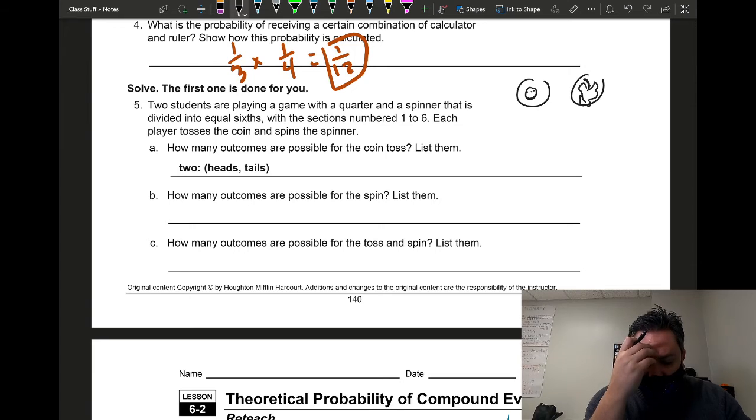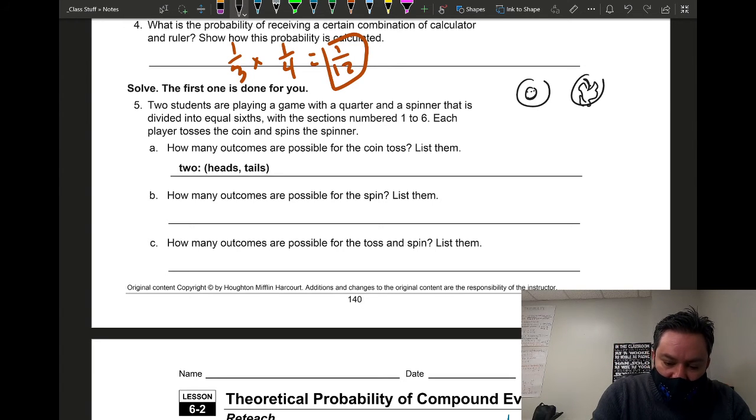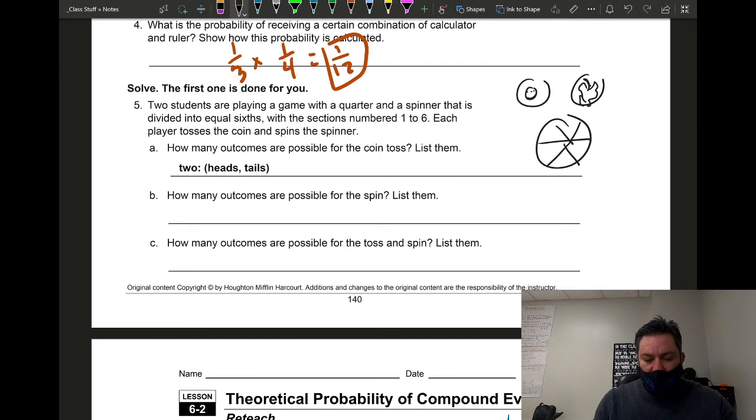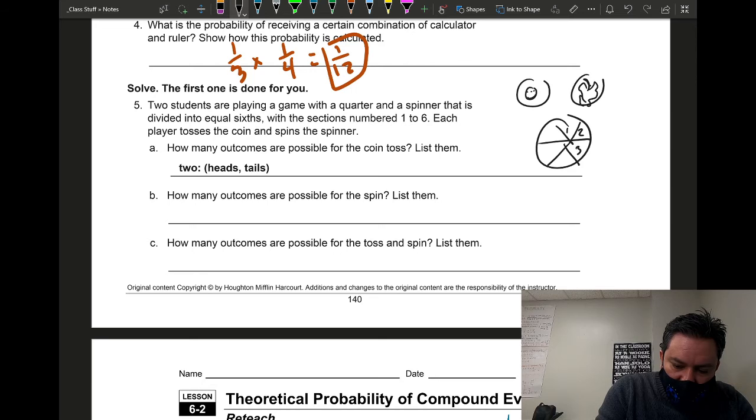And then we have a spinner divided into 6 pieces, numbers 1 through 6. We have 1, 2, 3, 4, 5, 6.